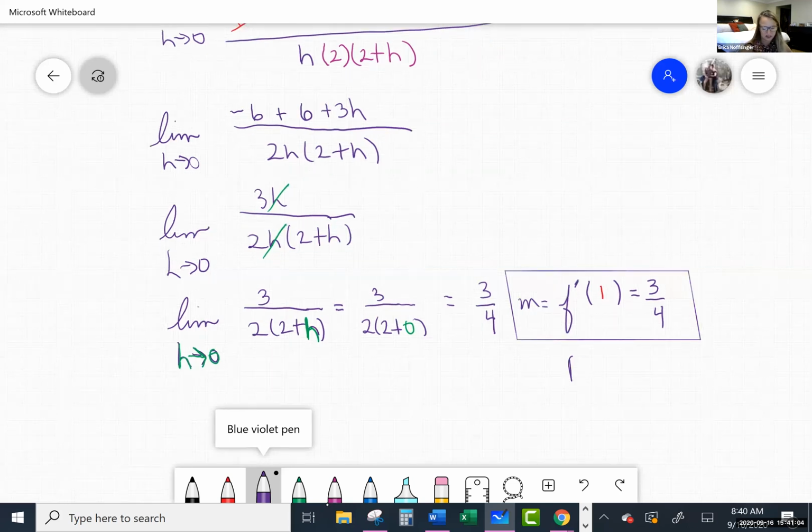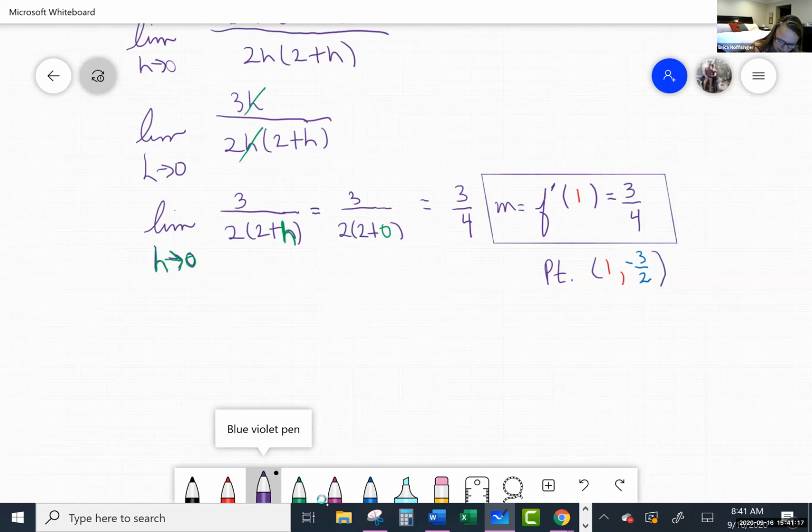So we can use the point slope formula, or alternate form, y minus y sub 1 equals m times x minus x sub 1. I just think this is so much faster and easier because it's already in the form that we want at the end.